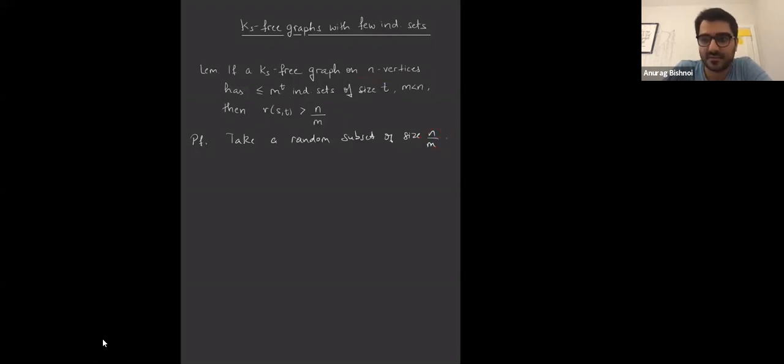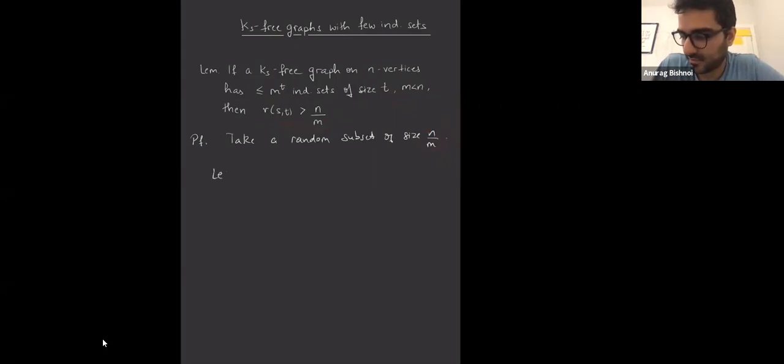And I claim that with positive probability, this induced subgraph will not have any independent sets of size t. Note that because it's an induced subgraph, it will also be K_s-free. So we will have a K_s-free graph with no independent sets of size t on this size, and that gives you the lower bound. Okay, and here is the proof.